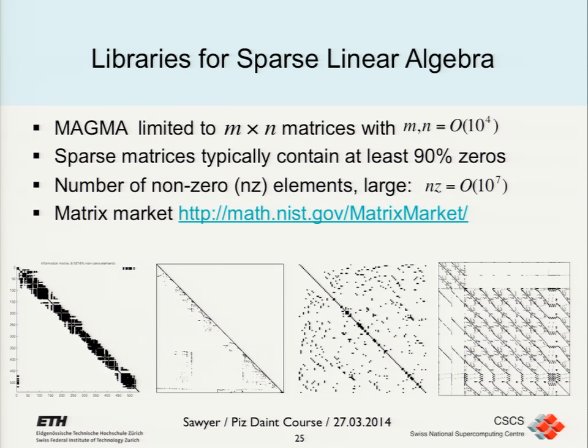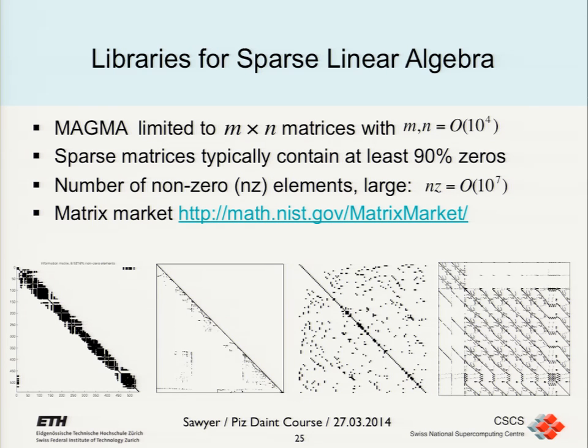And here are some examples of sparse matrices. There's actually a great site where you can go shopping for sparse matrices, sparse and dense matrices, called Matrix Market. What a sparse matrix is not really well defined, but say it's at least 90% zeros. Some people would say 99% zeros.